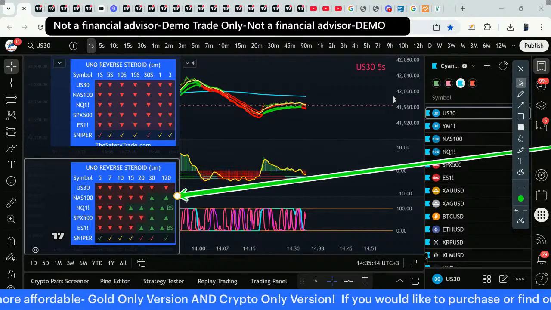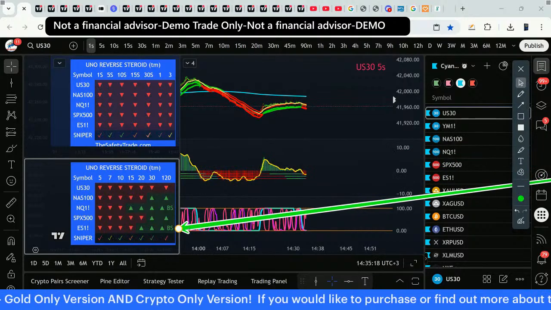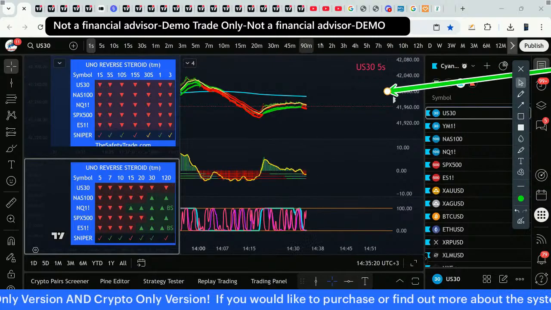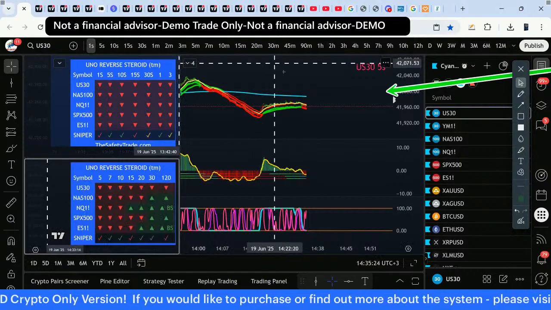What's up, Keith? We have a 2-hour buy stop on NQ1, how did I know, and ES1. So we'll go over to the 2-hour blue line. Oh, my bad, not there, we won't.